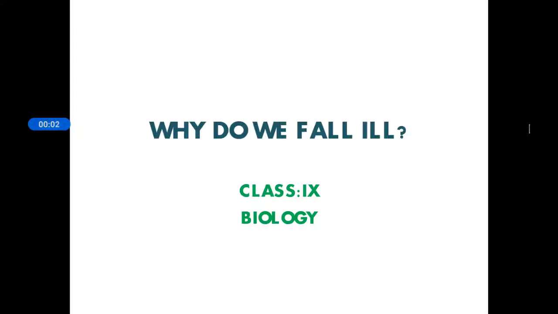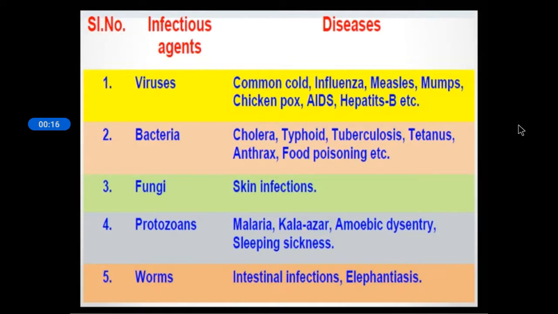Dear students, in the last video we discussed infectious and non-infectious diseases and also the causes of diseases, right? Today we are going to discuss infectious agents. So what are infectious agents?